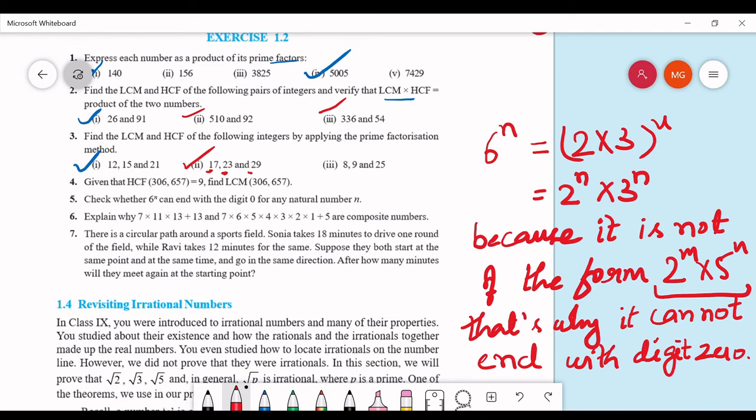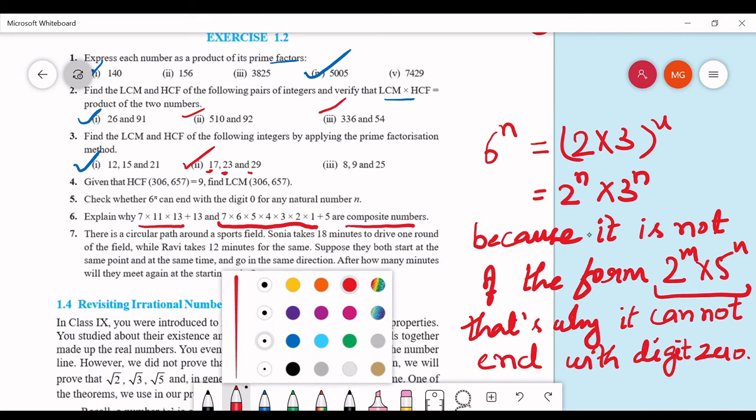Now I'll move on to question number 6. Question number 6 is, explain why 7 multiplied by 11 multiplied by 13 plus 13 and 7 multiplied by 6 multiplied by 5 multiplied by 4 multiplied by 3 multiplied by 2 multiplied by 1 plus 5 are composite numbers. Okay, do I need to remind you again what composite numbers are?